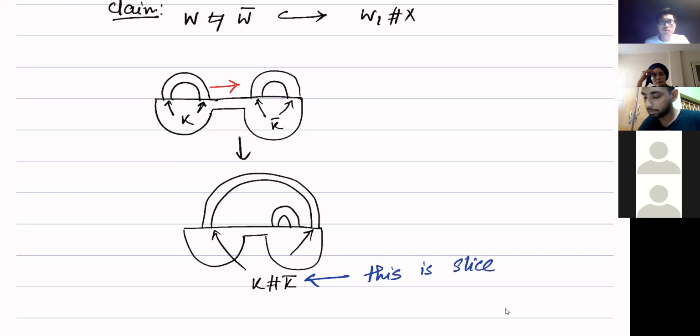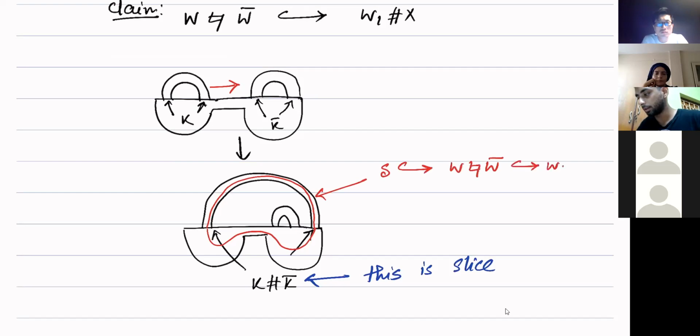So this is slice means this sphere bounds a disk here, and with that I can now connect the core of the two handle, and thus I get a sphere, right? And this sphere is now embedded inside W connected sum W bar, which is embedded inside W1 connected sum X.